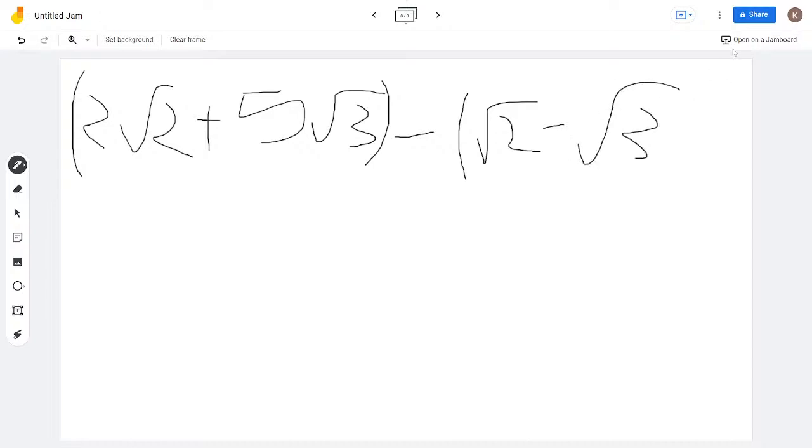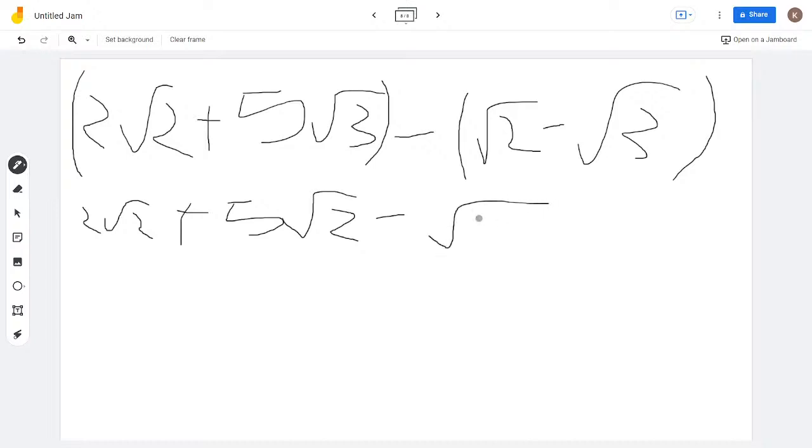In this case, what will we be doing? Firstly, we will open the brackets and put the signs accordingly. So 2 root 2 plus 5 root 3 minus root 2, and minus multiplied by minus is plus, so plus root 3.